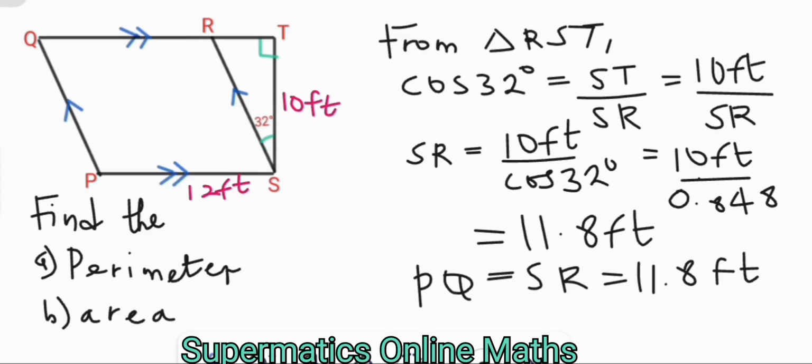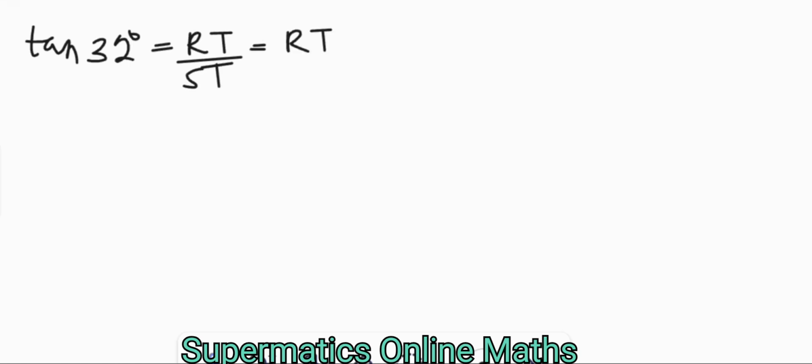Also from triangle RST, the tangent of the angle 32 degrees is the ratio RT over ST. That is, tangent of the angle 32 degrees is RT over ST. And that's going to be RT over 10 feet.